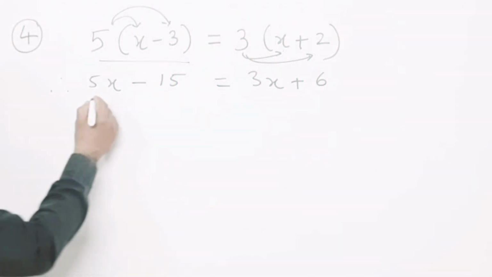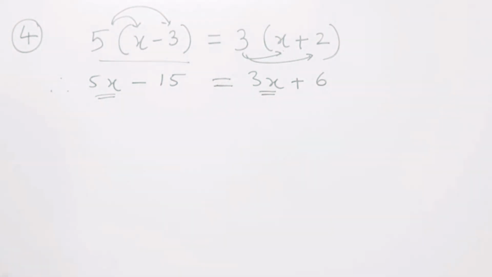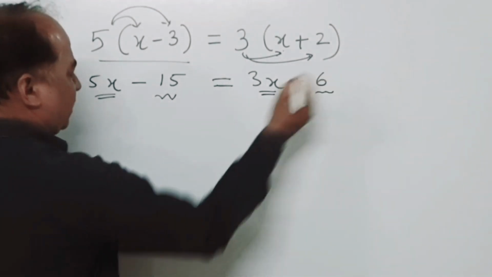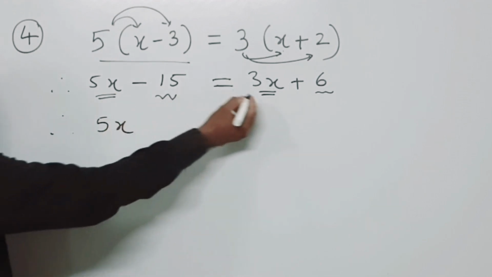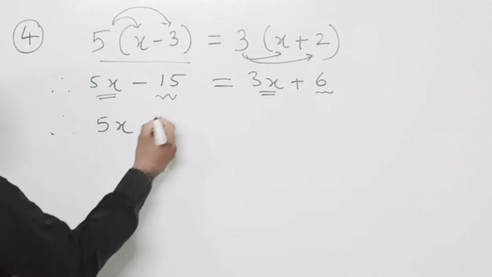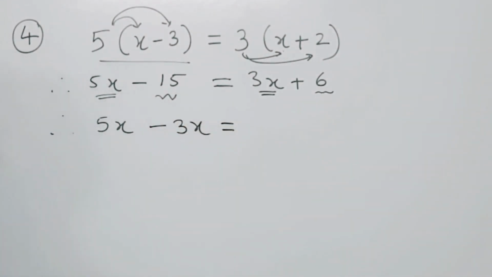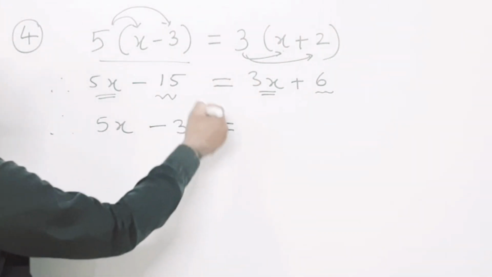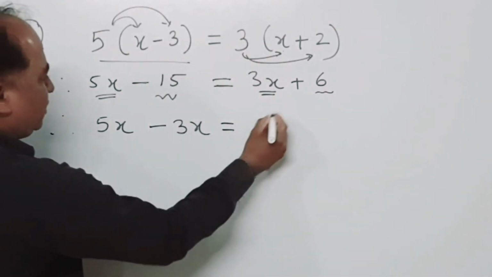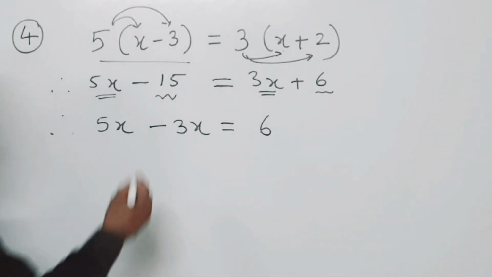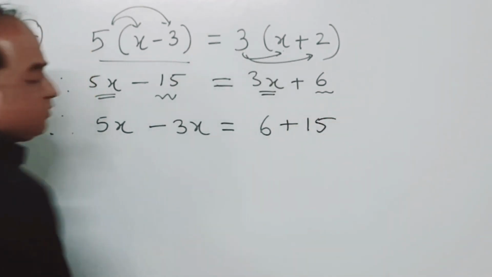Now take the variables on the left hand side of the equal to sign and numbers on the right hand side. So 5x, and plus 3x will come on the left hand side and become minus 3x, and minus 15 will jump on the right hand side and become plus 15.